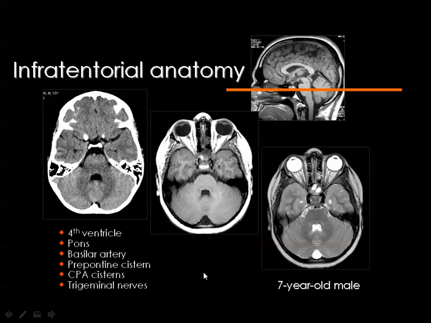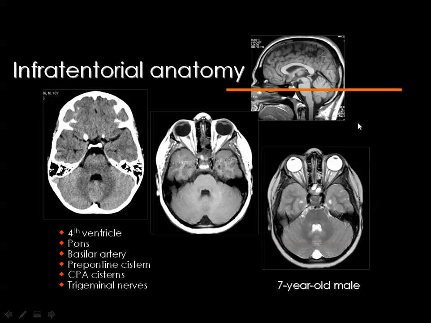Starting the anatomy of the brain, it is exactly similar to that in adults. And in the posterior fossa, in the basal sections, we have the fourth ventricle as our anatomic reference. This is a CT image, MRI T1 and MRI T2.